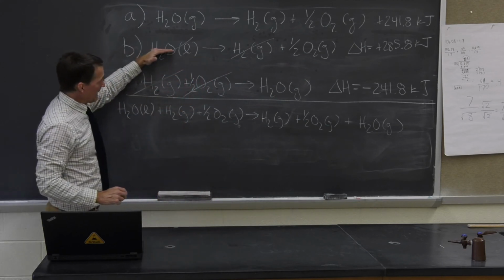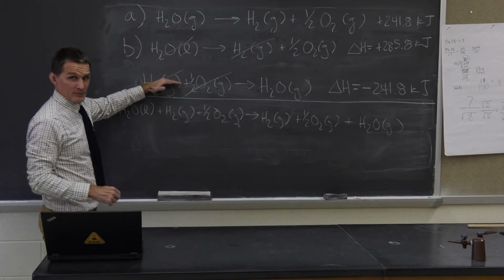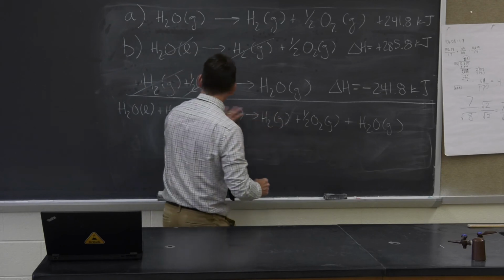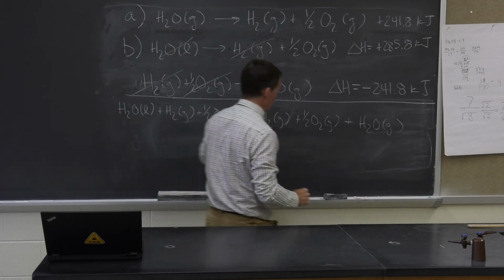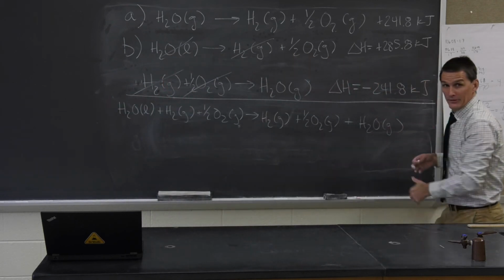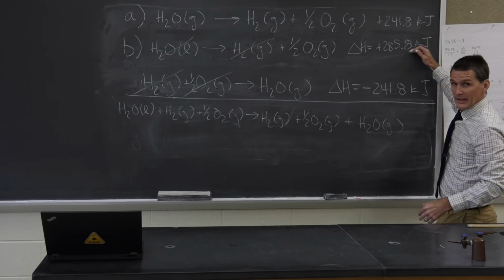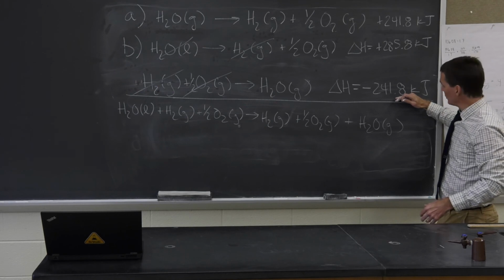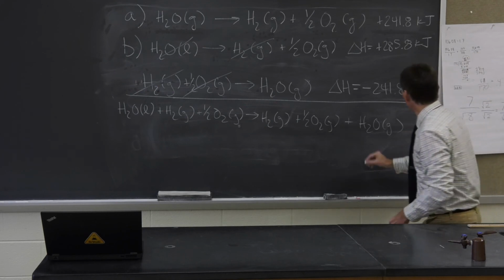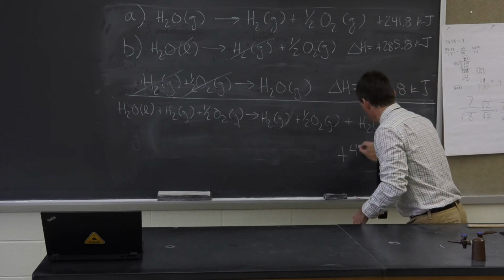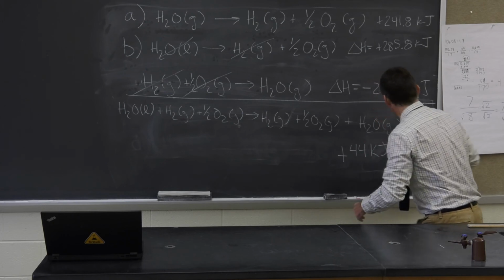And if I added these two reactions together, it probably makes sense to you that to get the enthalpy for this total reaction, I should just add these together. So I'm going to add positive 285.8 and a negative 241.8. And if you do that, you get a positive 44 kilojoules of energy.